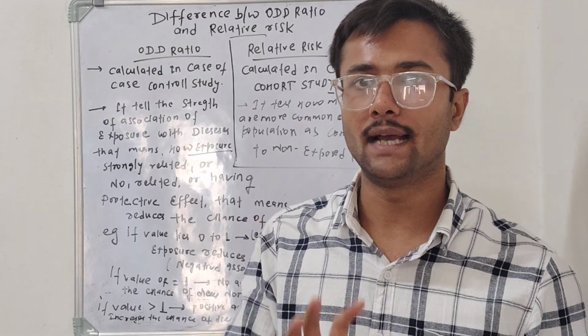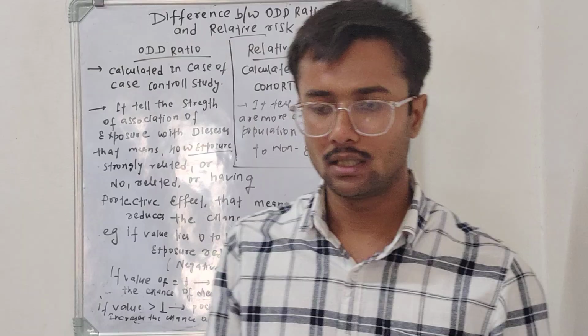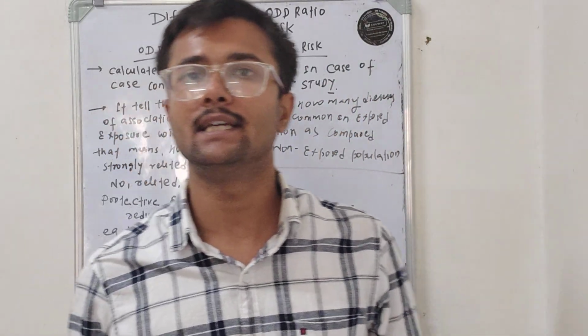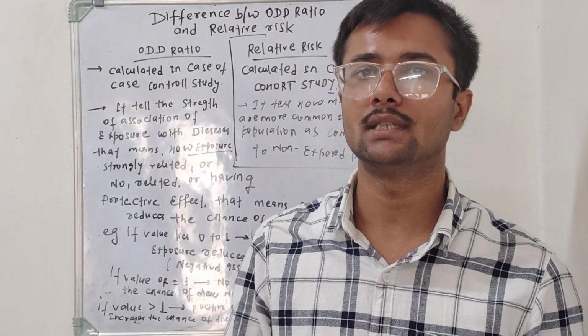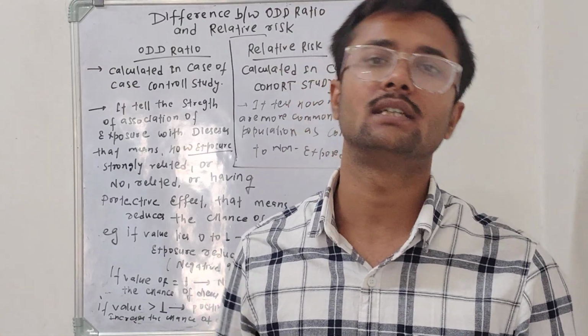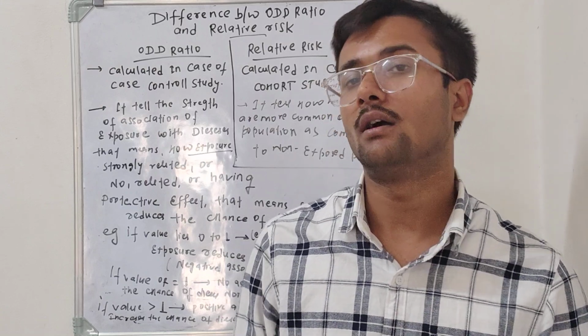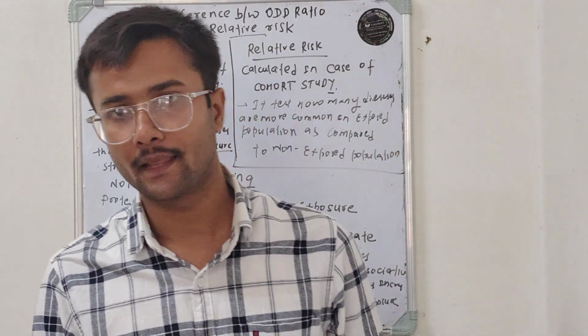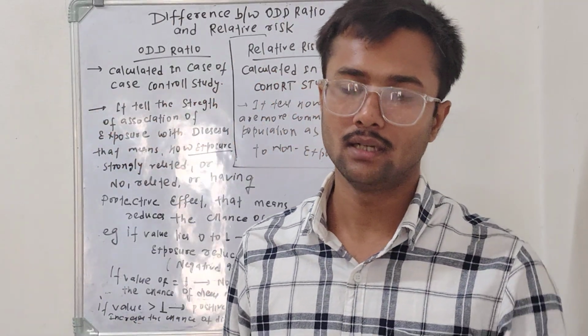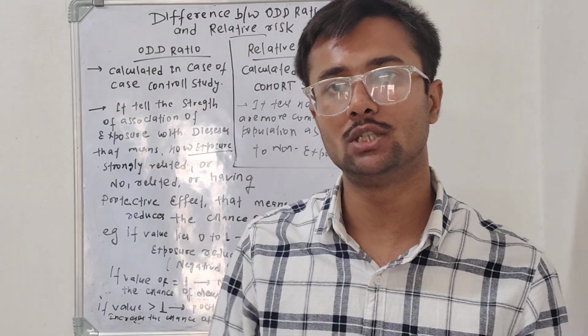if the odds ratio value is equal to 1, then it indicates that there is no association of exposure with disease, meaning the exposure neither increases the chance of disease nor decreases it. The third thing is if the odds ratio value is less than 1, it means it lies between 0 to 1.